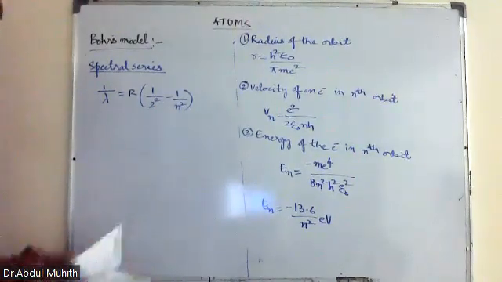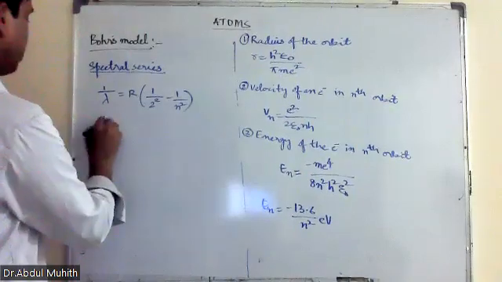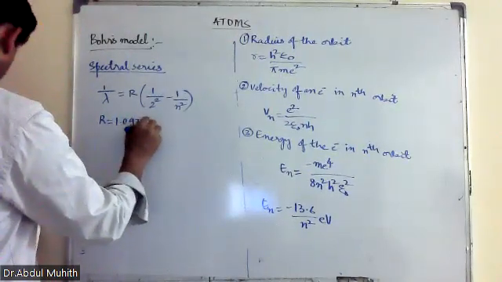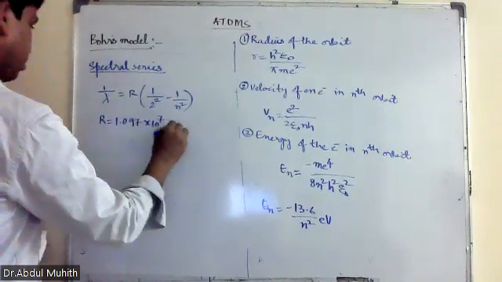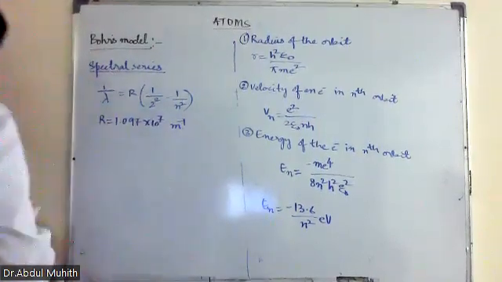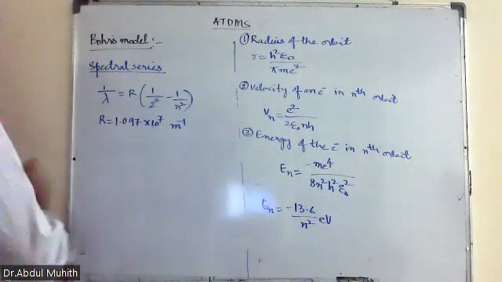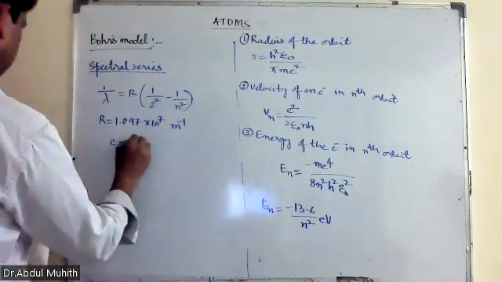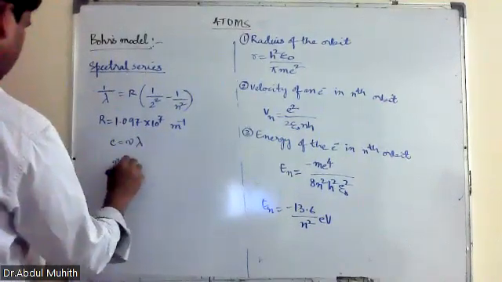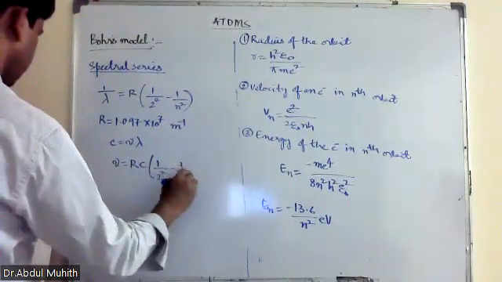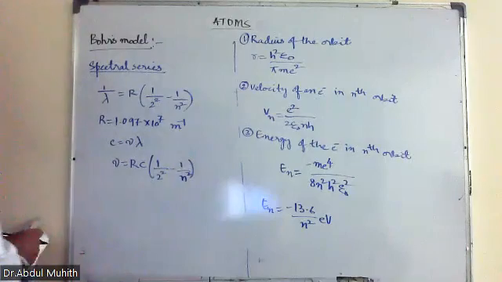The R value is 1.097 into 10 to the power of 7 per meter. And we have C equal to nu lambda, so nu is equal to R into C, 1 by 2 square minus 1 by n square.